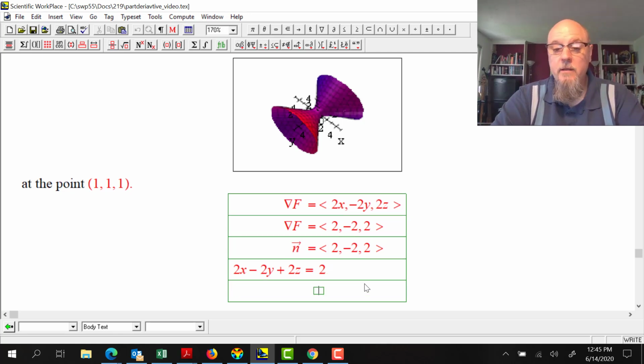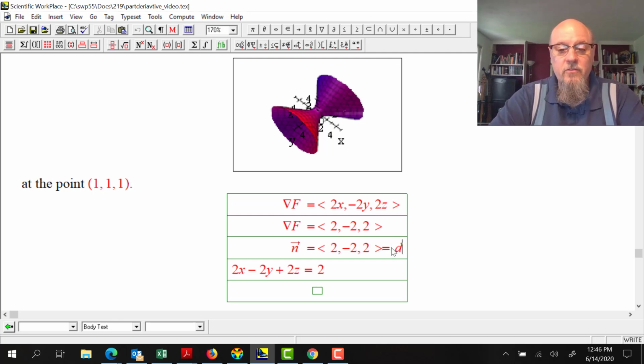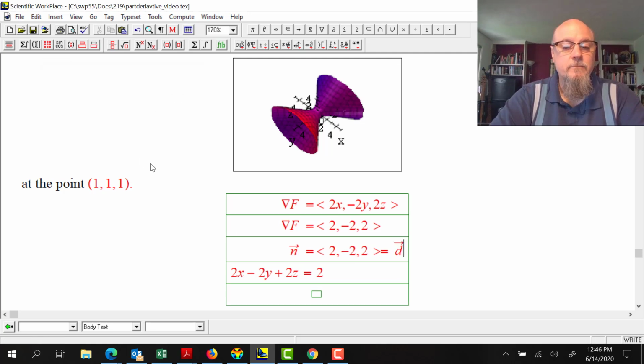We also wanted the equation of the normal line. The normal line is going to pierce perpendicular through that plane, normal to the plane at the point (1, 1, 1), and normal to the surface as well. What do I need for the equation of a line? A point, got it, and a direction, got it. This normal vector is the direction vector of the line I need.